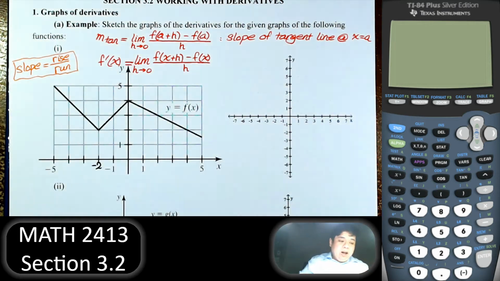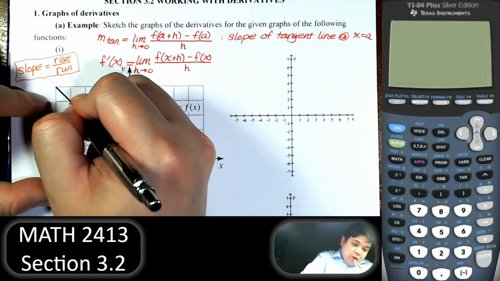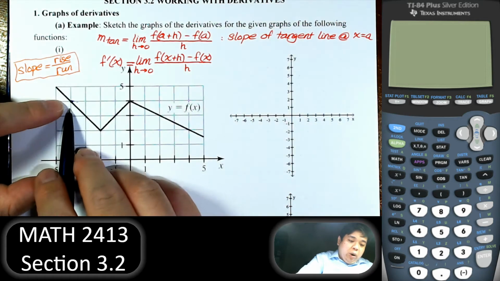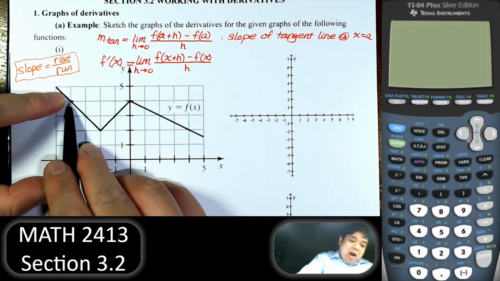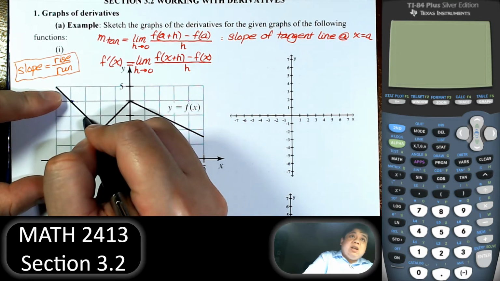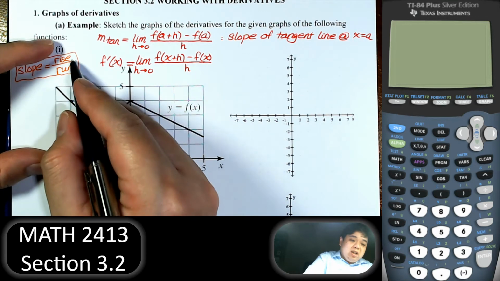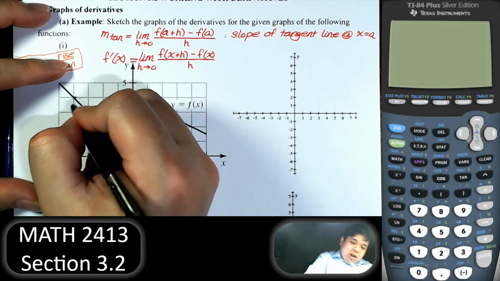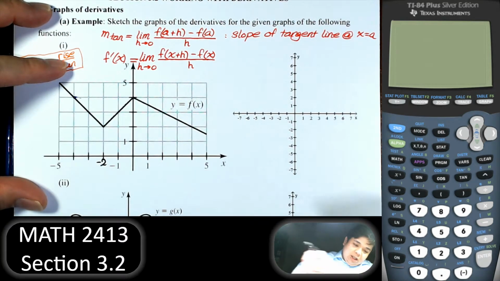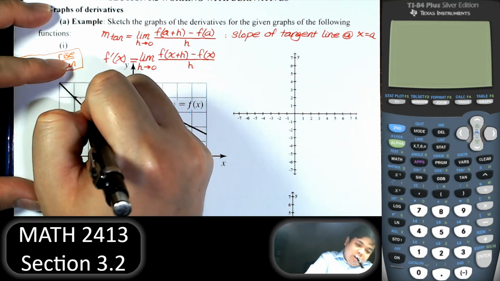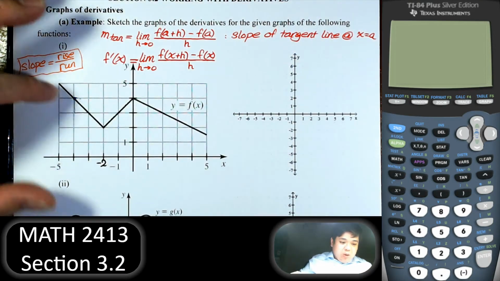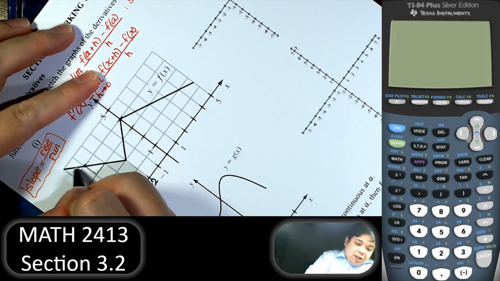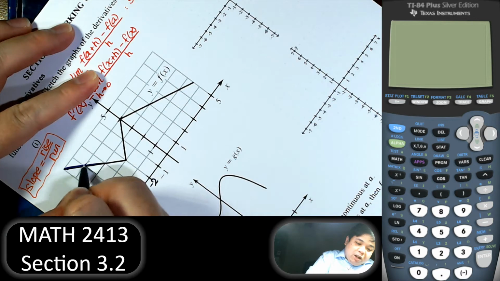So let's say we go from this point: we're not going up, so we go down 1 and 1 to the right. Rise, if we go down, is negative, so -1 over 1. Since we're going down, it is negative. So we say the slope is equal to -1.